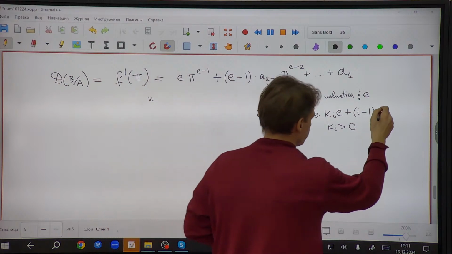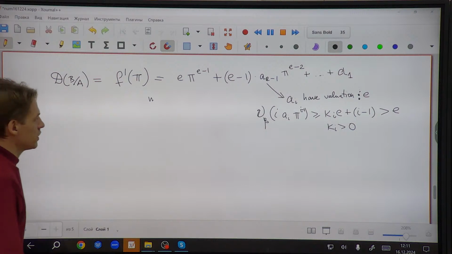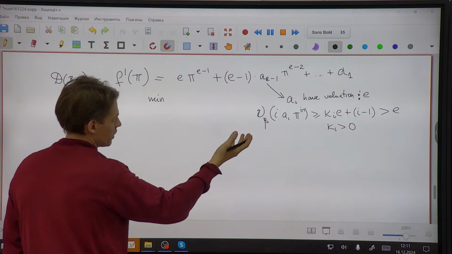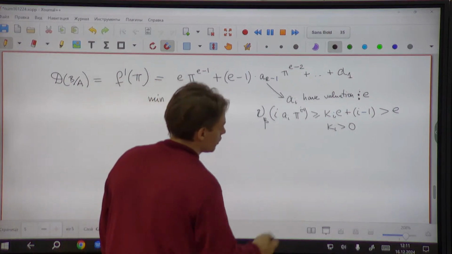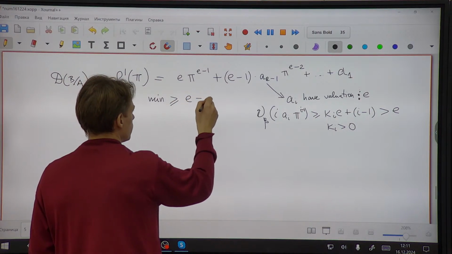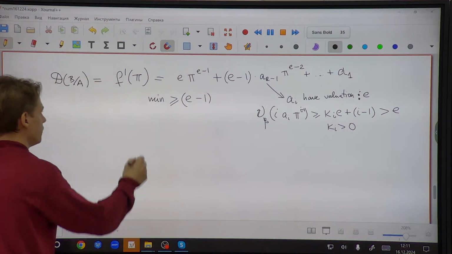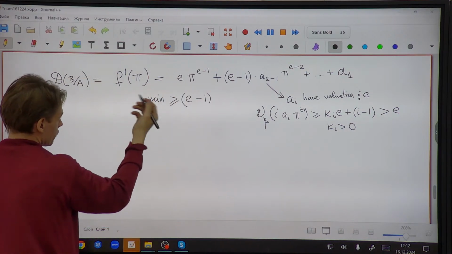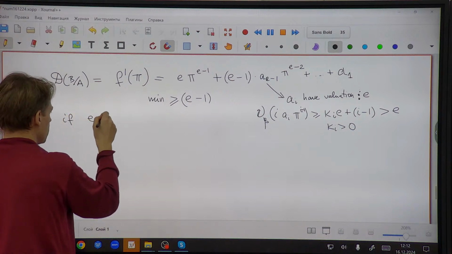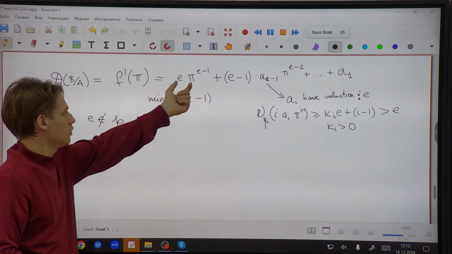So this is bigger than E, strictly bigger than E. So the minimum of this valuation is bigger or equal than E minus 1. And of course, if E is not in the characteristic, if E is not in the ideal P, then the minimum is obtained on the first factor.